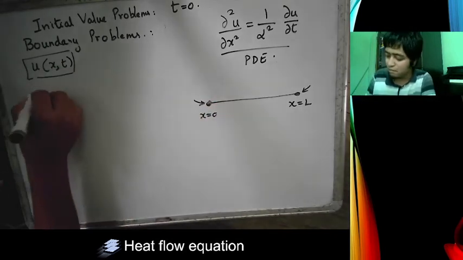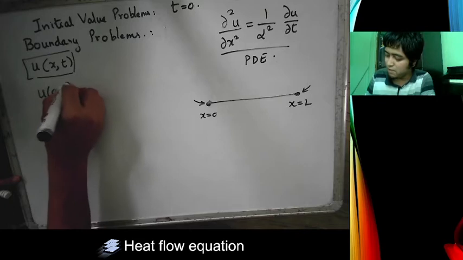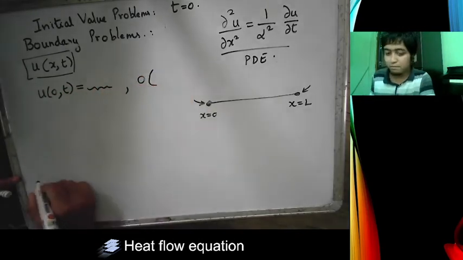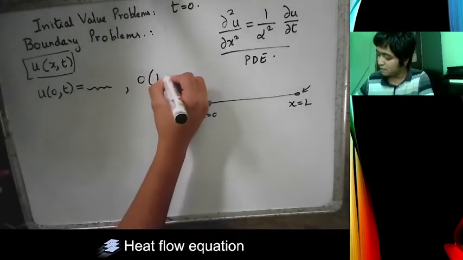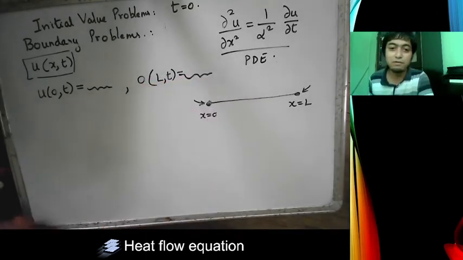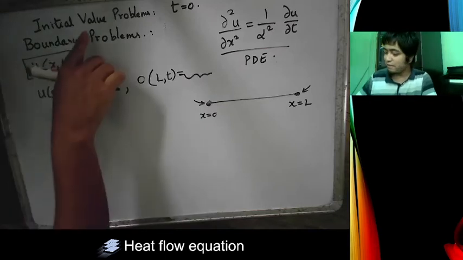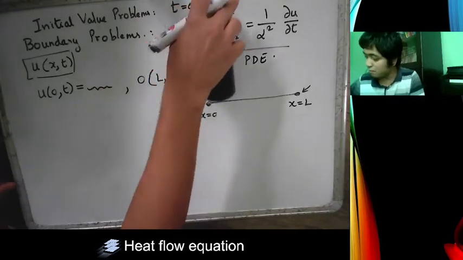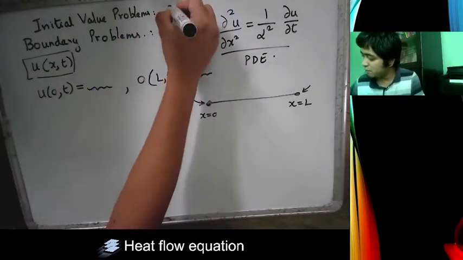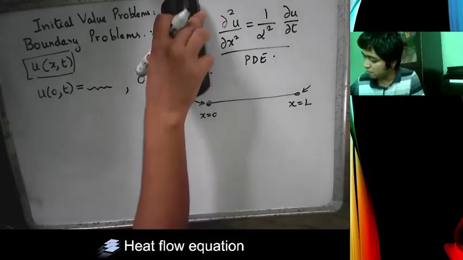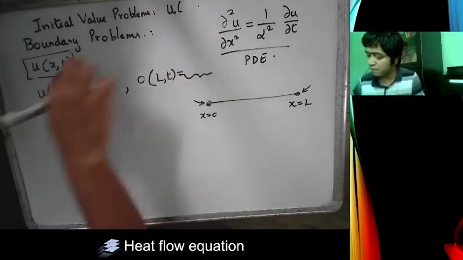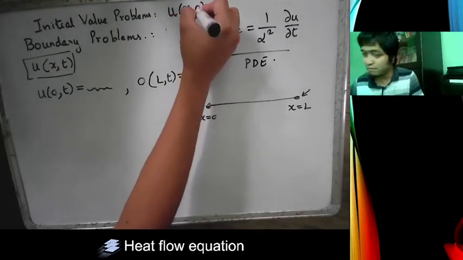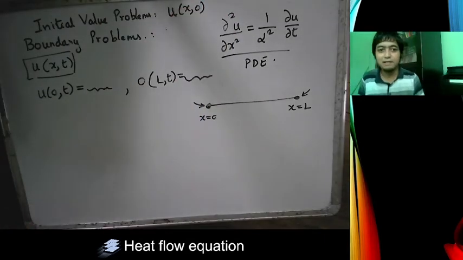So when x is 0, u(0,t) maybe has some value, and u(L,t) also has some value. And the initial value problem is u when the time is 0, u(x,0), because the function is a function of x and t. I hope that is clear.